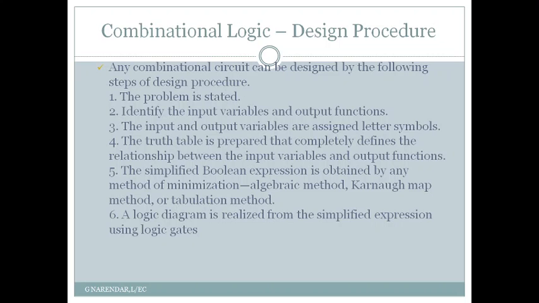And after assigning letter symbols for both inputs and output variables, we need to prepare a truth table that completely defines the relation between both input and output variables. The truth table must show all possible combinations of the input variables, and for each combination of input variables it has to show the output functions.